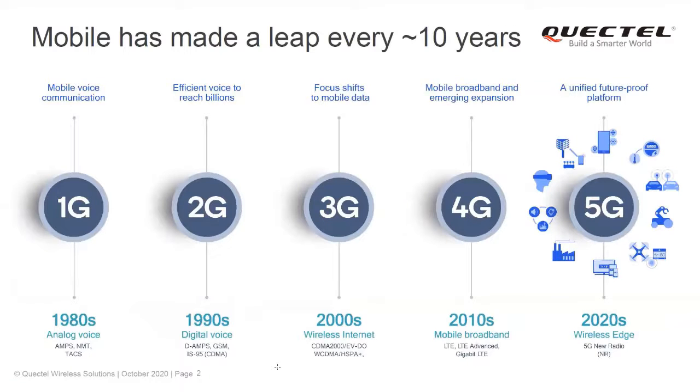So mobile has made a leap every 10 years, starting in the 1980s. I'm not sure if many of you know, but there were also cellular phones on analog, voice only, a long time ago.